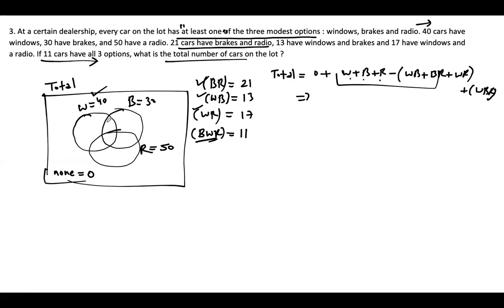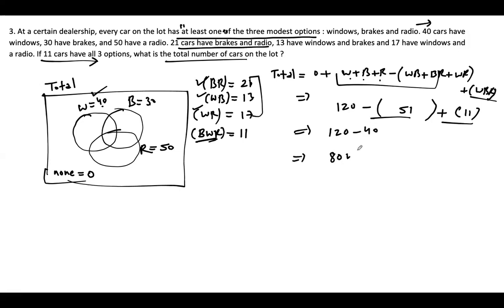So W plus B plus R, 40 plus 30, 70 plus 50, 120, minus 21 plus 13, which is 34 plus 17, 51, plus WBR, 11. So what is minus 51 plus 11? Minus 40. So total comes to 120 minus 40, which is 80.